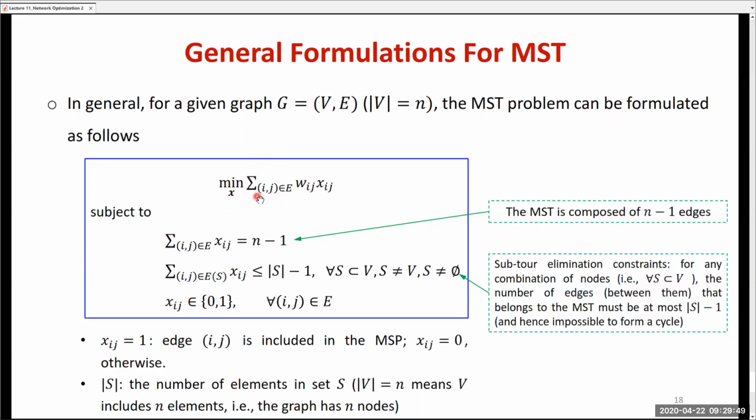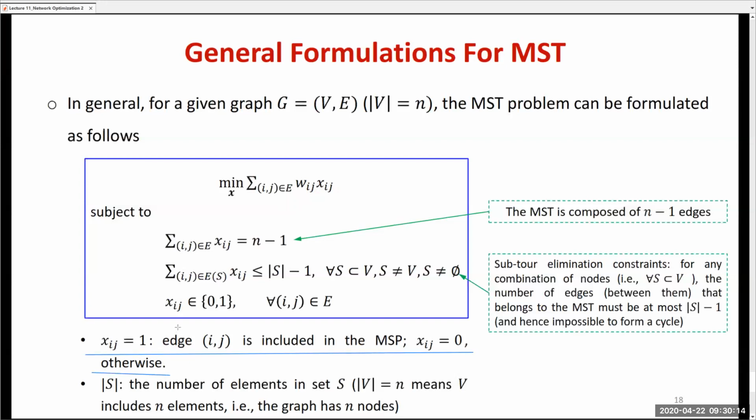Okay, so the objective function is to minimize the total weight. And xij is a binary decision variable: if edge ij is included in the MST, then xij equals 1. Otherwise, xij equals 0.